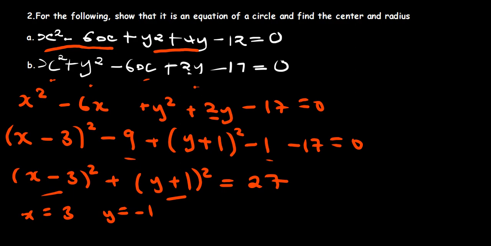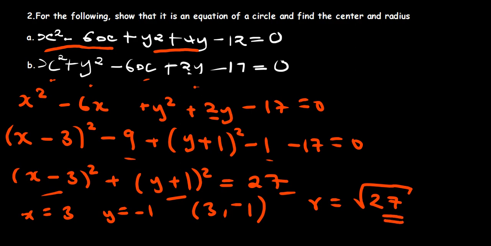So my center is (3, negative 1). Then my radius, I just put that in the root, so the radius is root 27. And you'll be done with this question. You've identified your center and your radius.